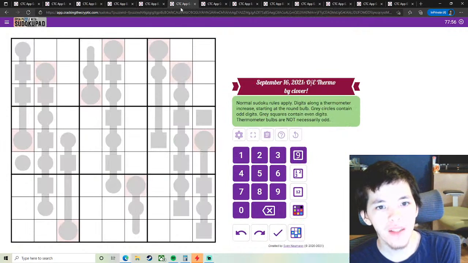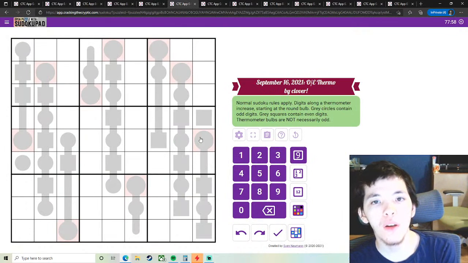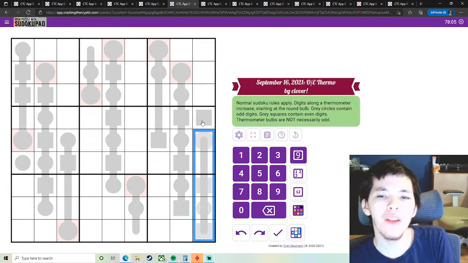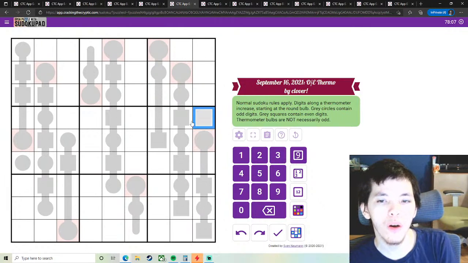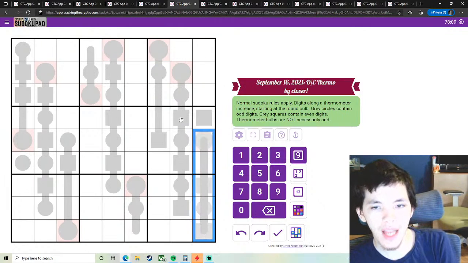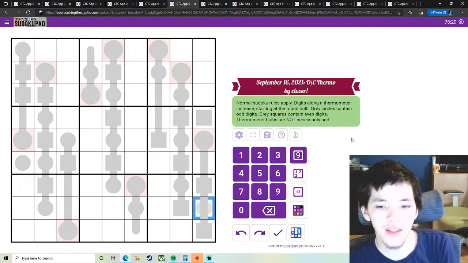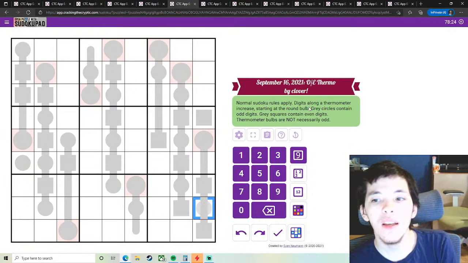So moving on from this one, this is one other rendition of the thermostat rule, or rather a new rule on top of these thermostats: there are squares and circles. If you read the rules, it lets you know that gray circles contain odd digits. So this has to be a 1, 3, 5, 7, or 9.